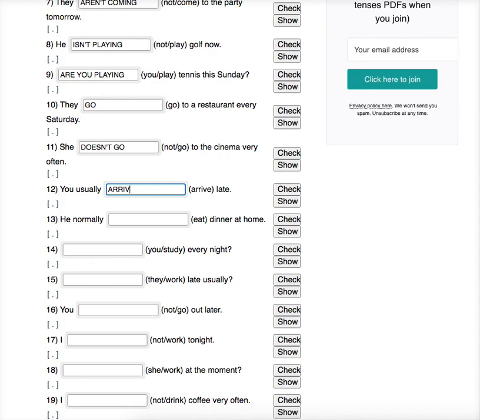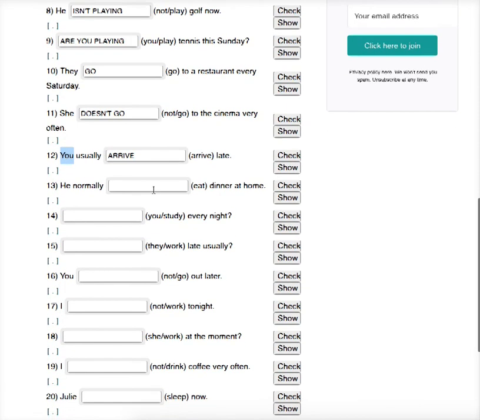Arrives or arrive? No, porque sin la S debería decir, sin la S porque el sujeto es you. Acuérdate que la S solo es con he, she, it. ¿Listo? Okay. Arrive late. Entonces solamente arrive. You usually arrive late. Very good.